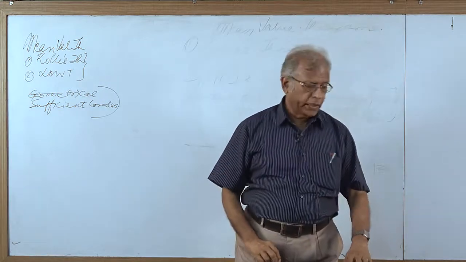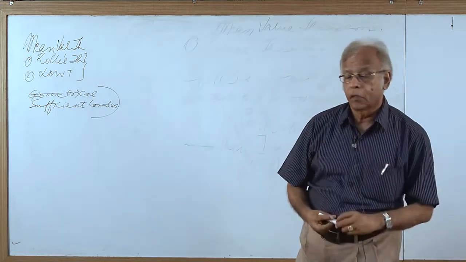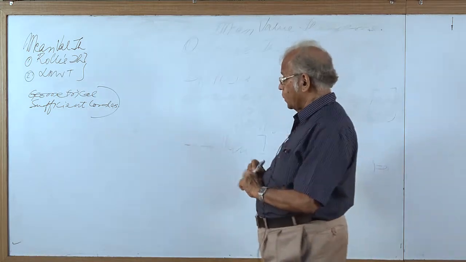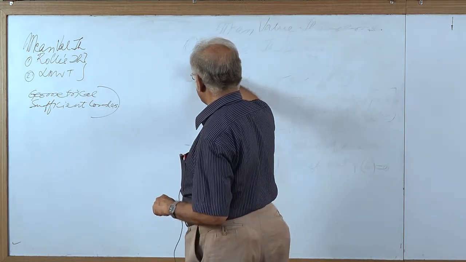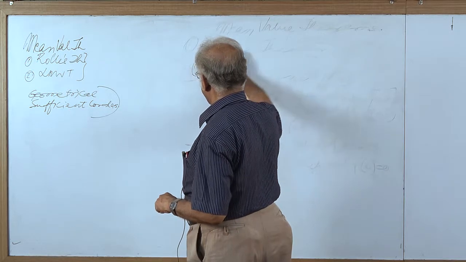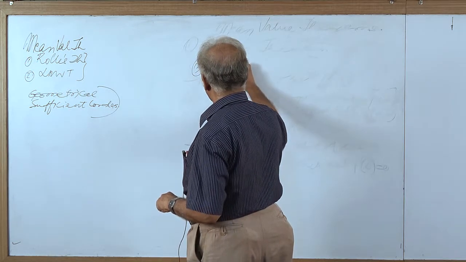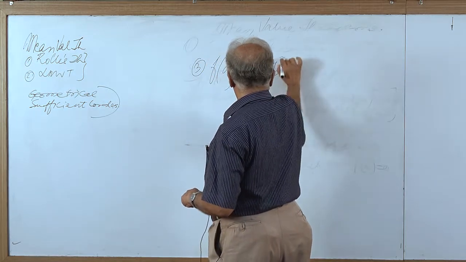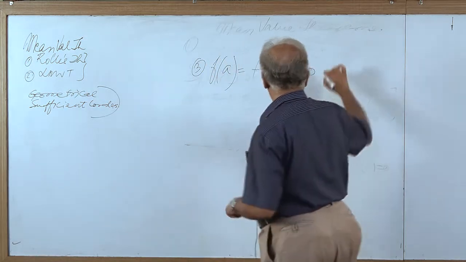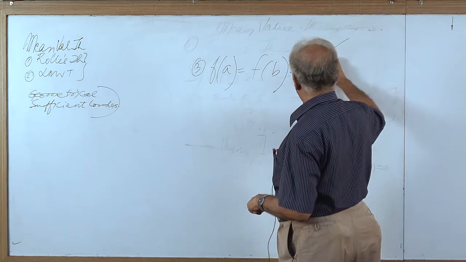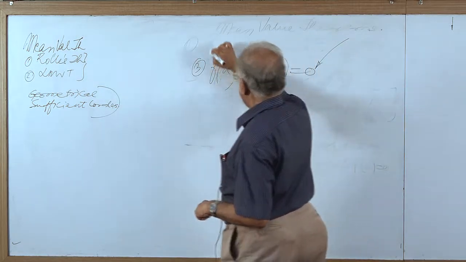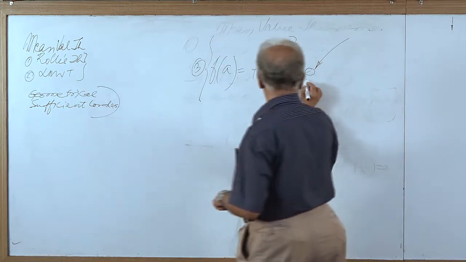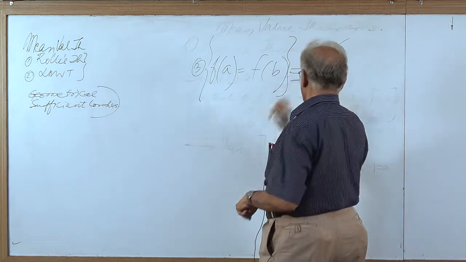Historically, we may add that the third condition f(a) equal to f(b) was originally stated as f(a) must be equal to f(b), and that must be equal to 0. Now this has been removed. It is found that f(a) equal to f(b) is good enough. The zero is not necessary.